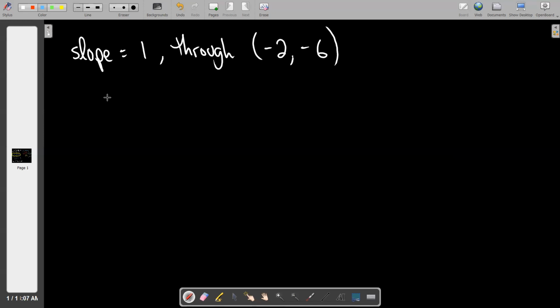It's always going to go like this. Y minus. Start like that. What's it going to be? Y minus what? Oh, it would be y plus 6, because it's really y minus -6. So I'll put plus 6.